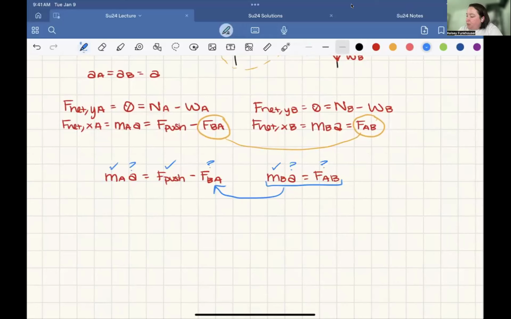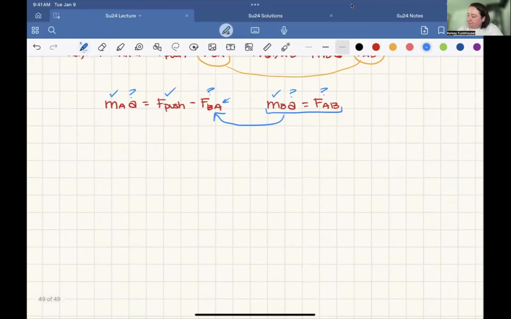We're going to substitute in mass B times acceleration for this here, and then solve for acceleration. So MA times acceleration equals the pushing force minus MB times acceleration.